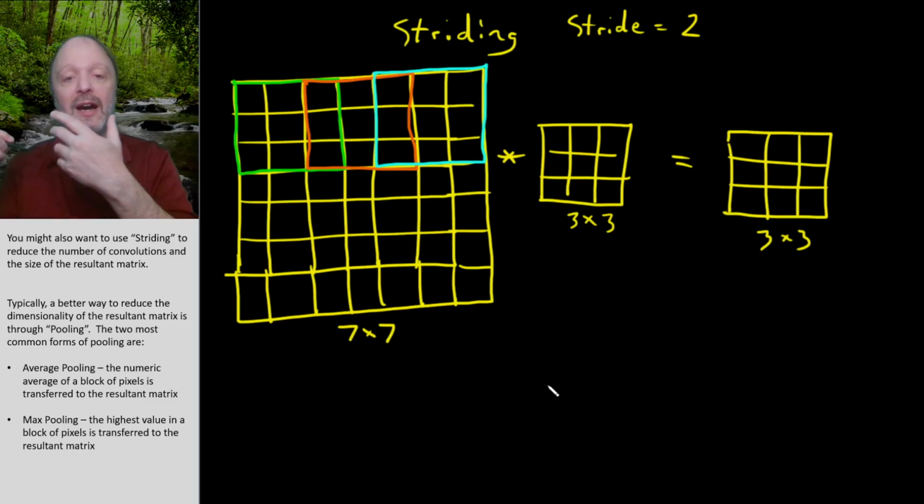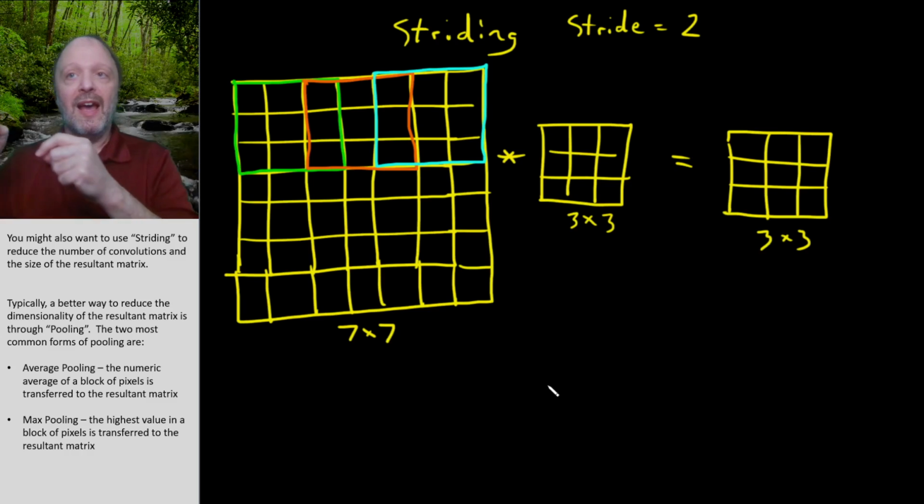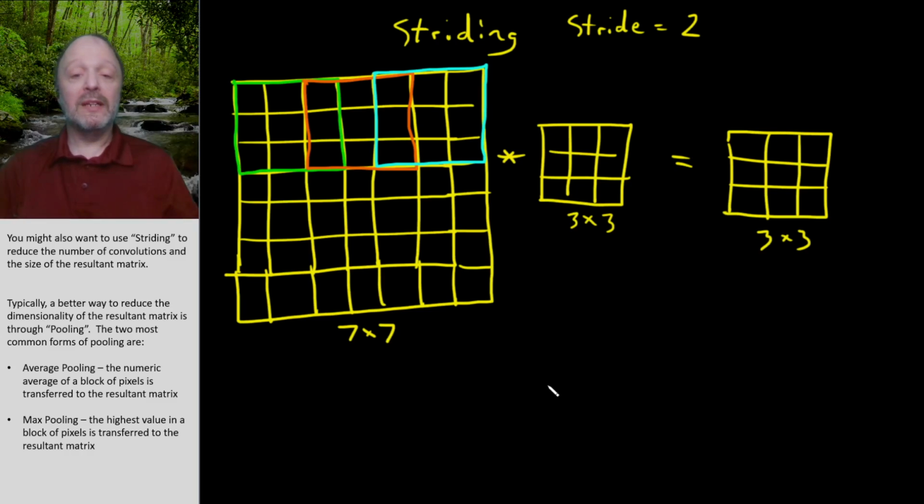But as it performs all of these operations, it is going to come up with the best way that it can make a guess possible. Now, at least in my brain, I can't imagine a stride of 2 working. It seems like you would be missing too much information as you did your striding. You would be going from a 7x7 to a 3x3, which is incredibly drastic.